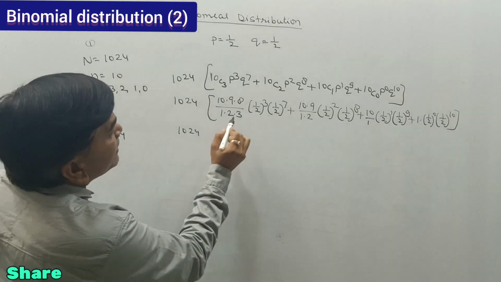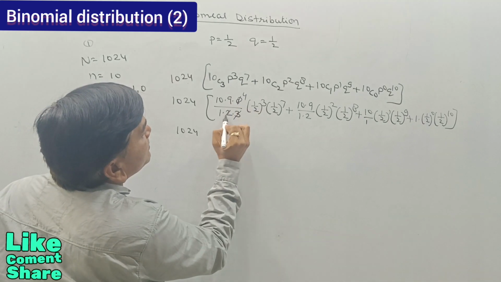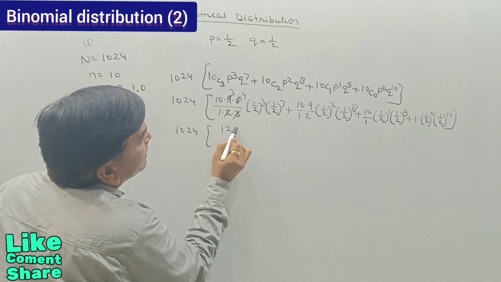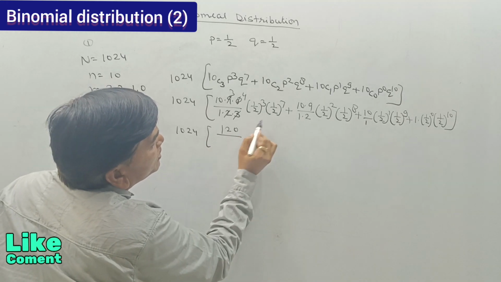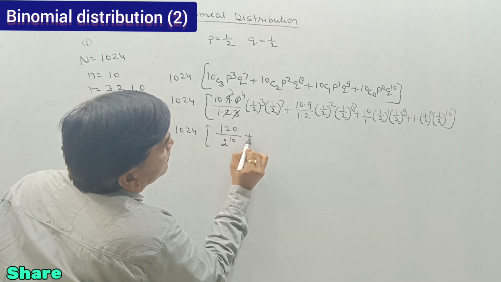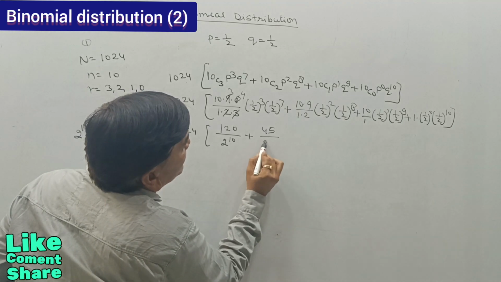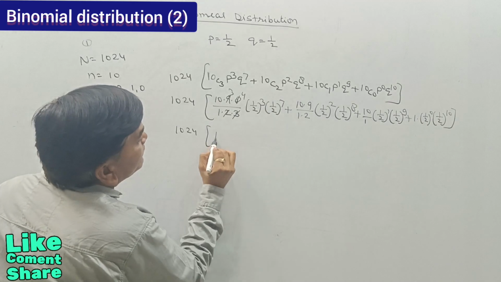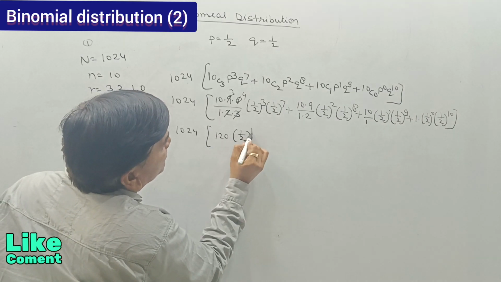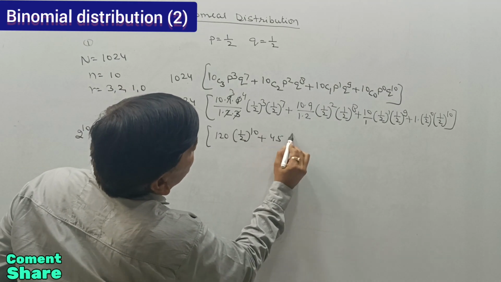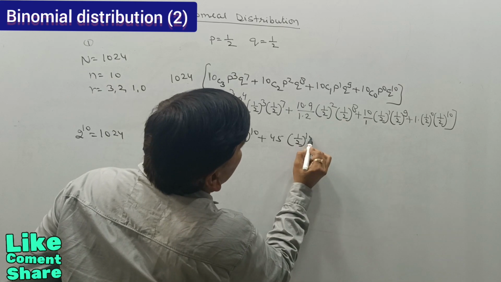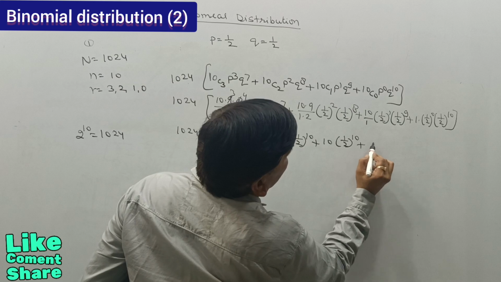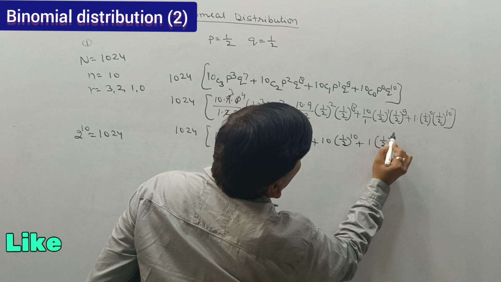So here we have 120 divided by 2 raised to power 10, plus 45 divided by 2 raised to power 10, plus 10 divided by 2 raised to power 10, and 1 divided by 2 raised to power 10.